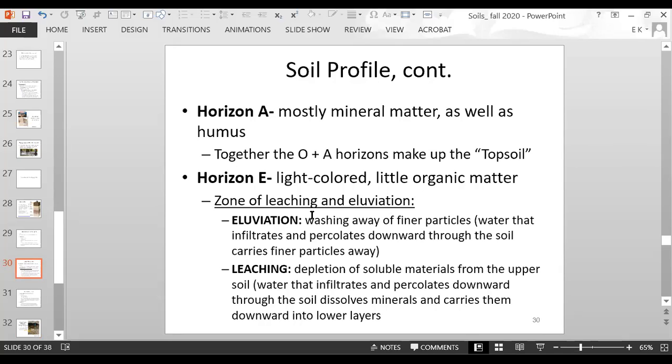Alluviation means the washing away of finer particles. So water that infiltrates and percolates downward through the soil carries finer particles away. And leaching is depletion of soluble materials from the upper soil, where water that infiltrates and percolates downward through the soil dissolves minerals and carries them downward into lower layers.